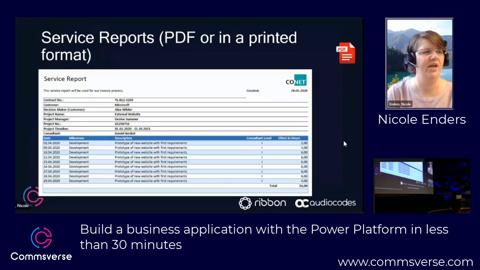Then you will see, okay, I have some information like the creation date here on the top right corner. I have also some header information right here. So I see the contract number, I see the project name, and so on, and it ends up with the consultant name. And then I have a detailed table with the single entries.